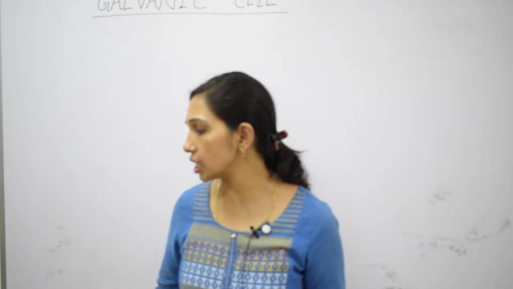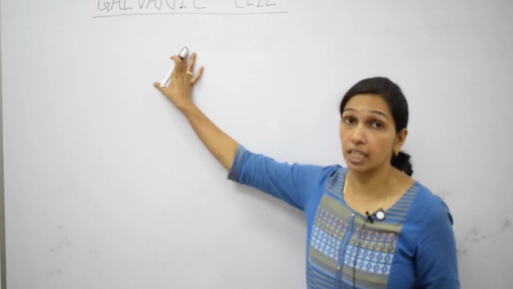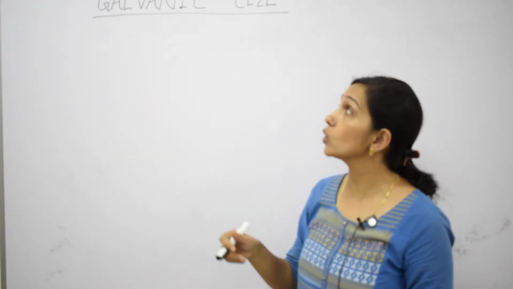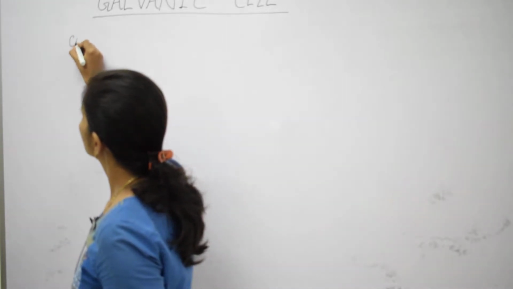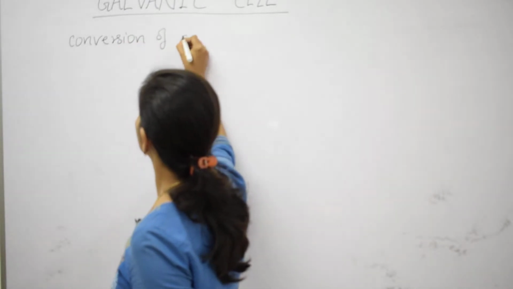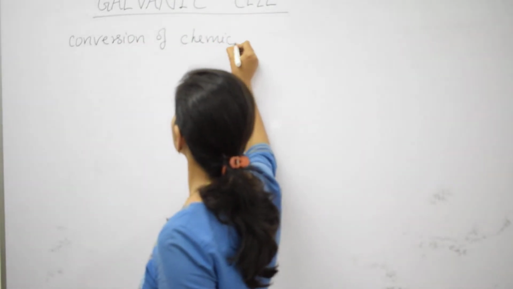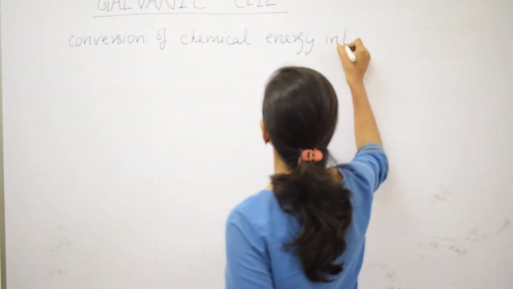So, chemical energy of a spontaneous chemical reaction is converted to electrical energy by galvanic cell.